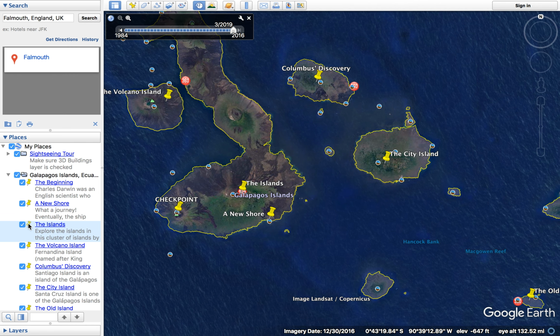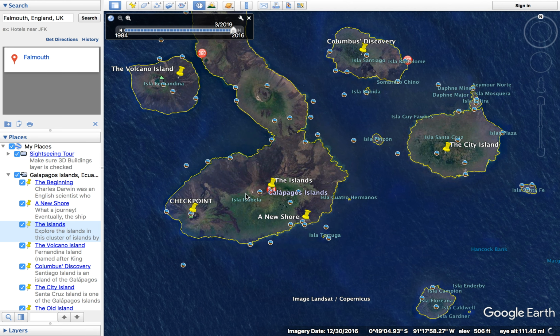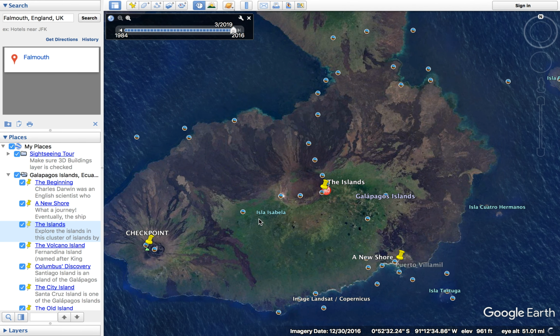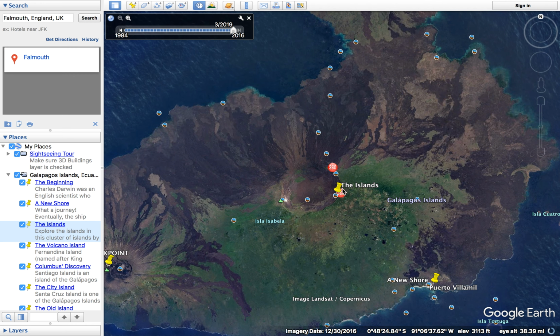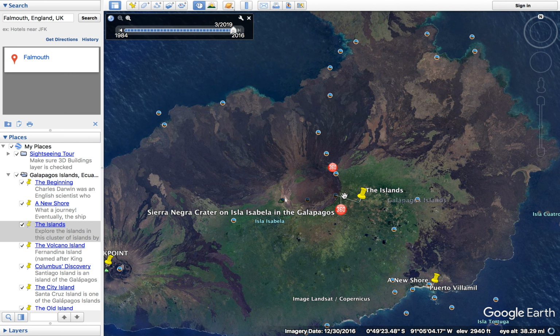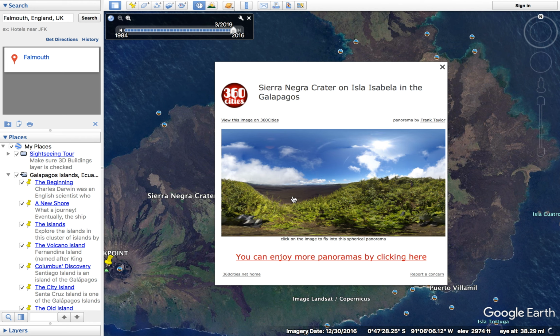So next we're going to go to the islands. We can zoom in to really see what this looks like.